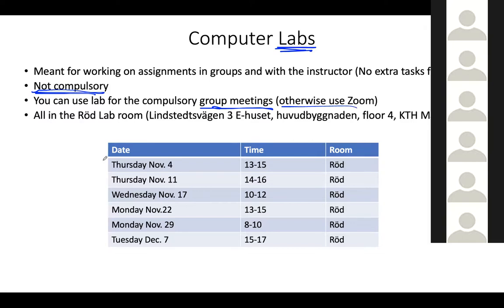So these are some reservations I have this year for the labs. They are basically rooms that are reserved for us that we can use for the lab section. I will be present during this section, so you can also ask me questions.